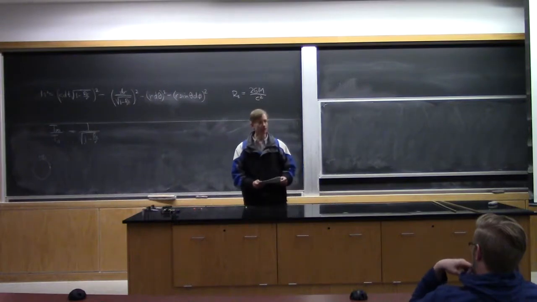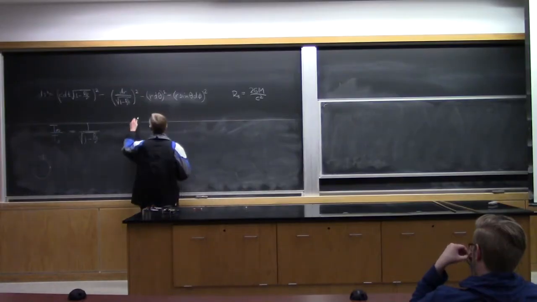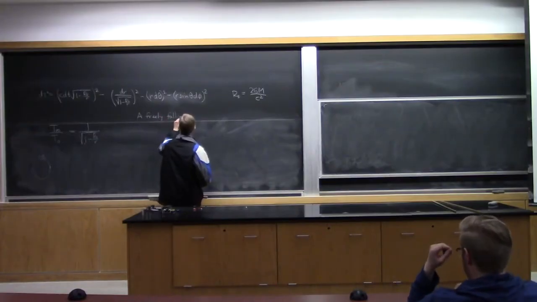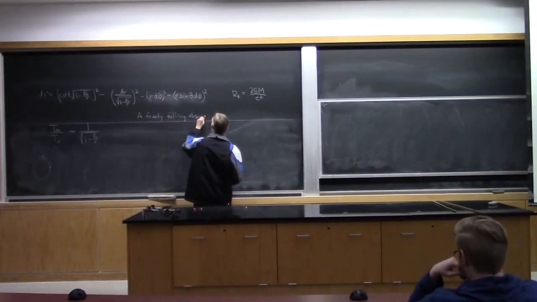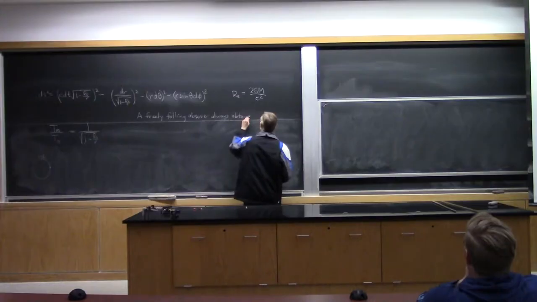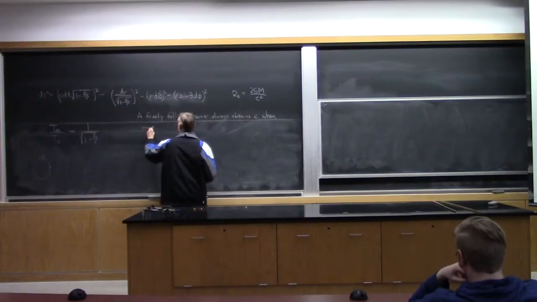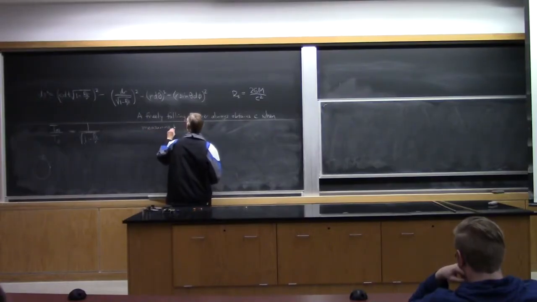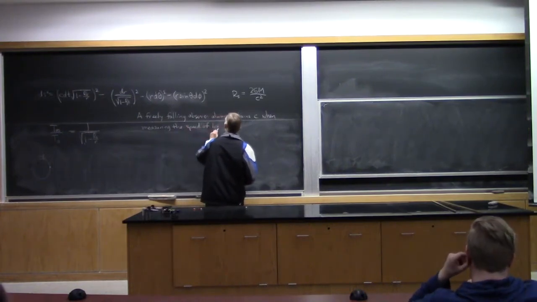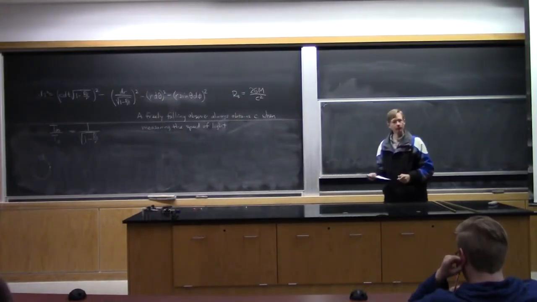But let's talk about what we call the coordinate speed of light. So first we'll note that a freely falling observer always obtains c when measuring the speed of light. That's just the principle of equivalence.